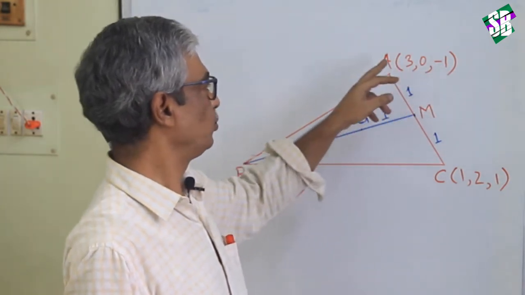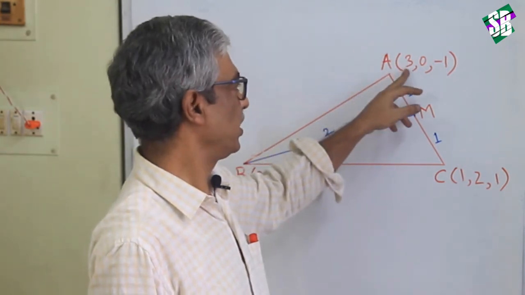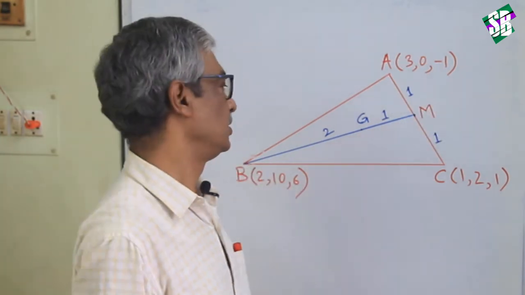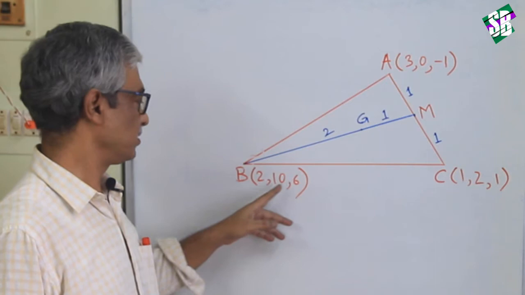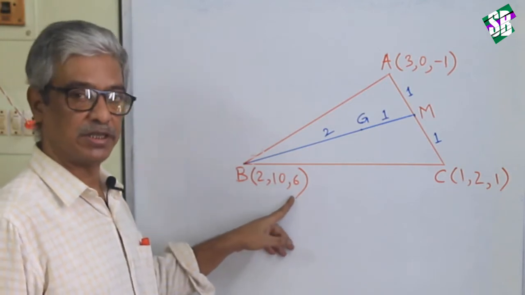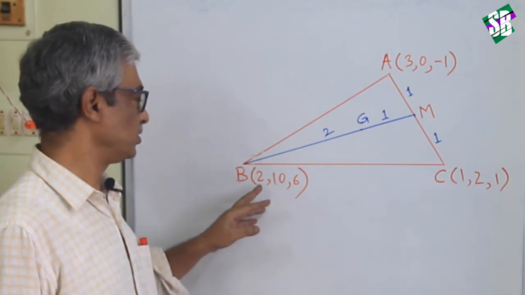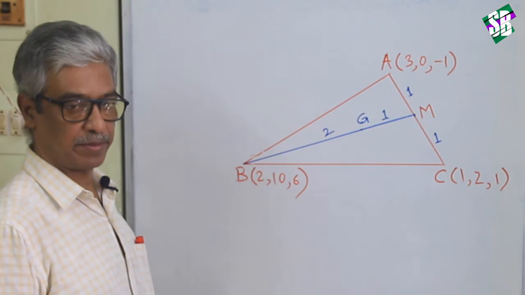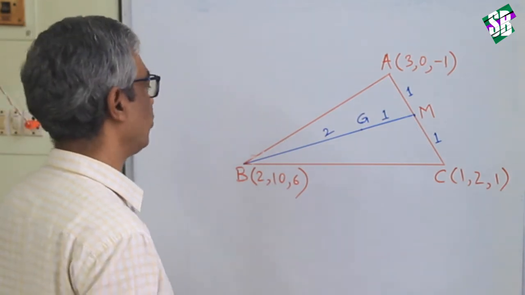This means that the position vector of the point A is 3i cap plus 0j cap minus k cap. Similarly, 2, 10, 6 means the position vector of the point B is 2i cap plus 10j cap plus 6k cap. It must be with respect to some fixed point taken as origin.